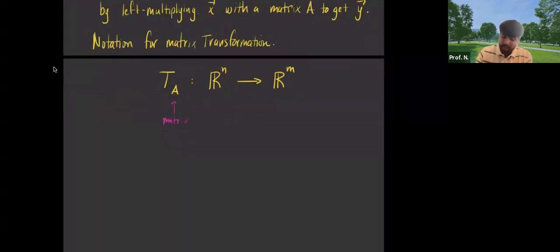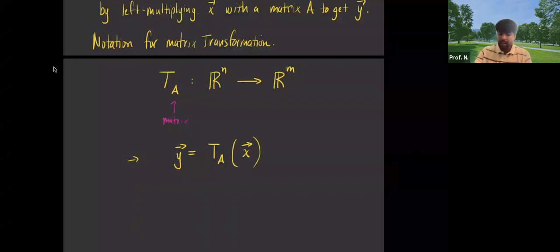And in particular, I can write it this way. I can say that Y is T of X, when you take X as the input. So this idea of function still exists.